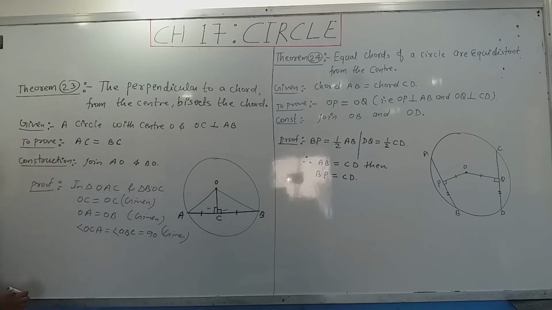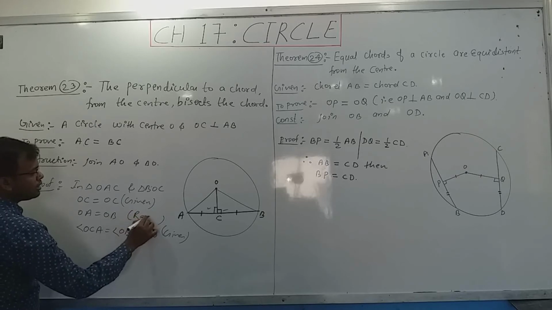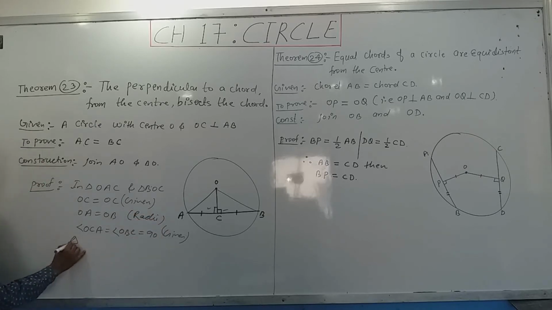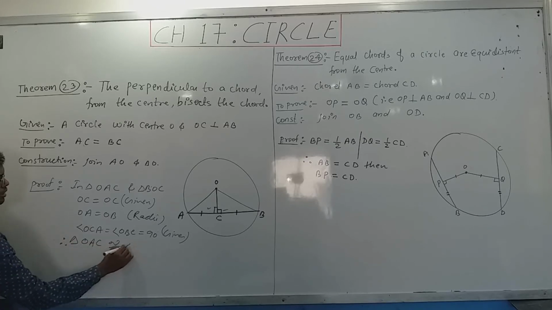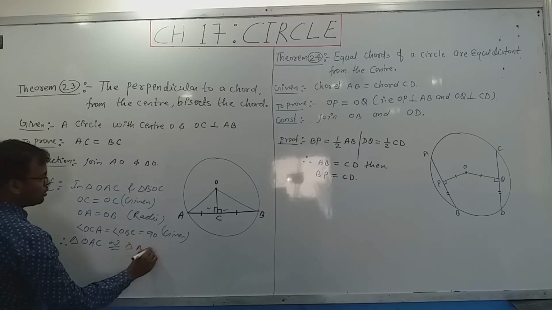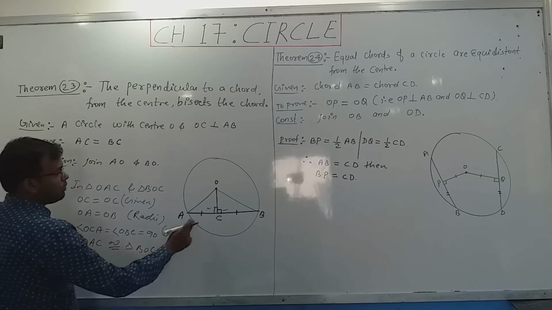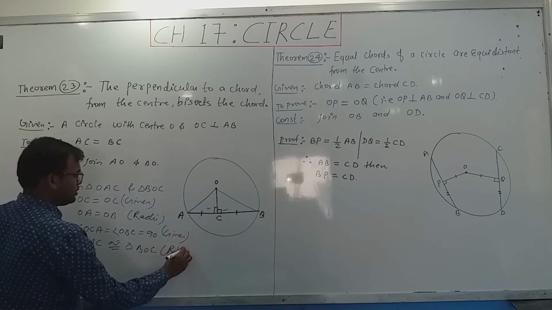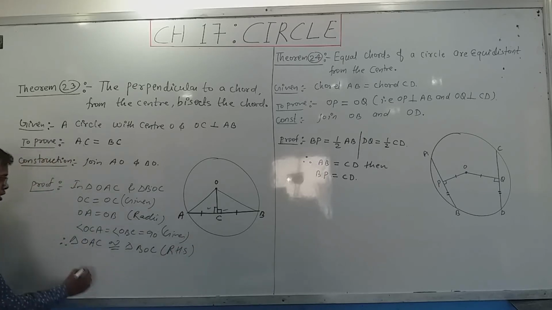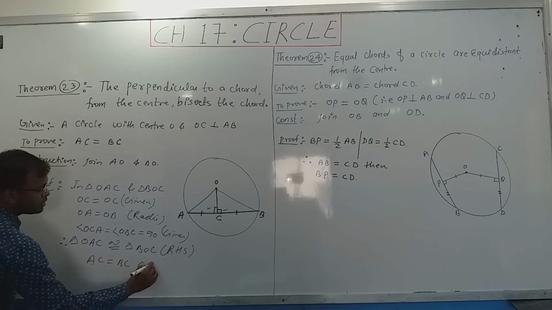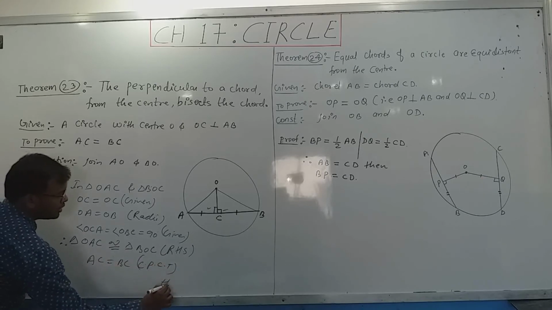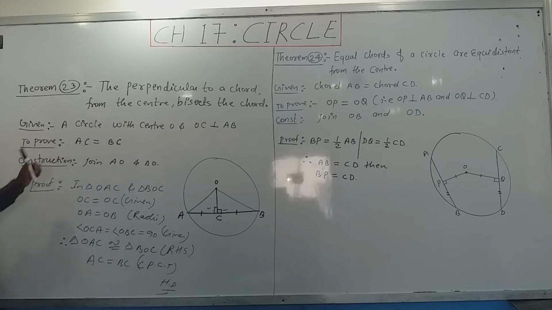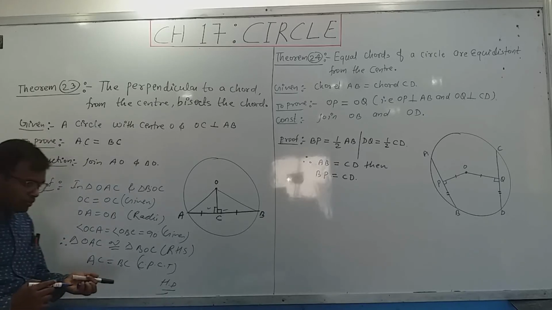Okay, then this is the radii. So we can say that therefore triangle OAC is congruent to triangle OBC by the property of RHS. Therefore, easily you can say that AC is equal to BC by CPCT. Hence proved. Okay, so this is theorem number 23.